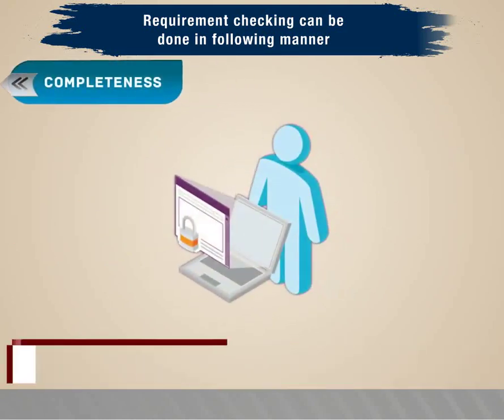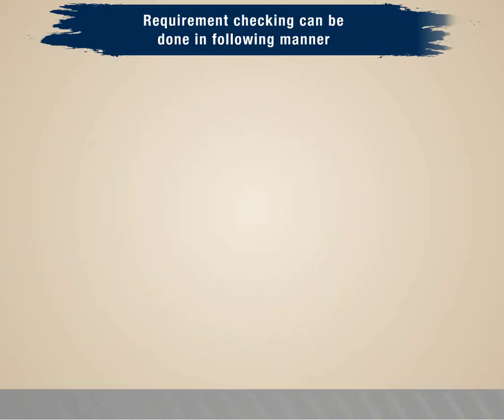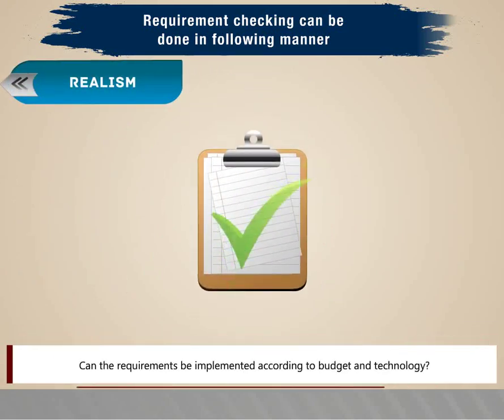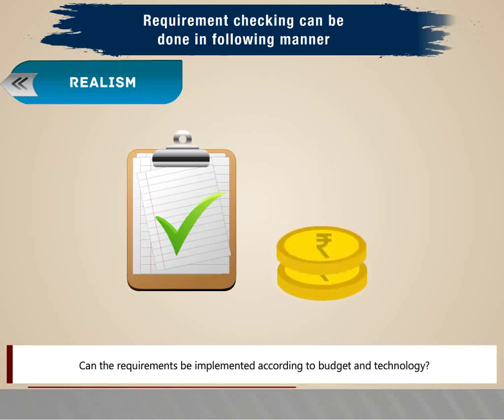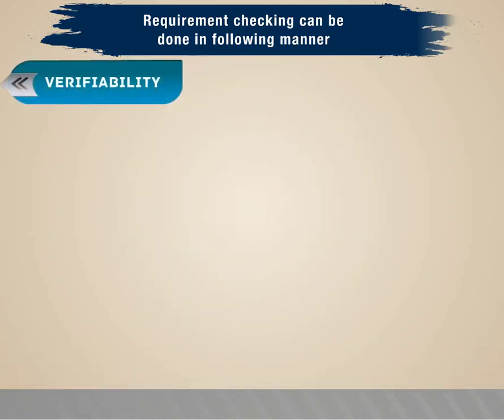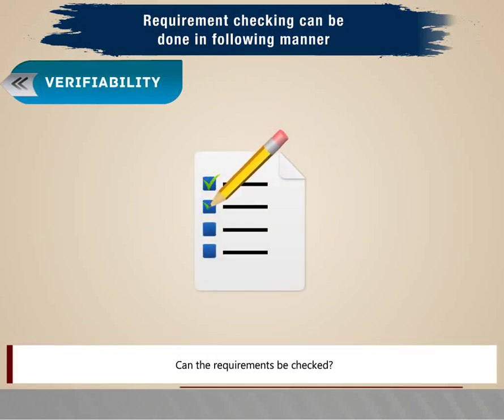Completeness. Are all functions required by the customer included? Realism. Can the requirements be implemented according to budget and technology? Verifiability. Can the requirements be checked?